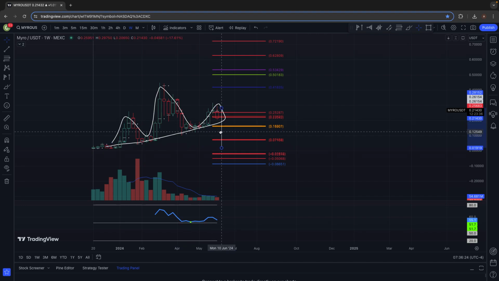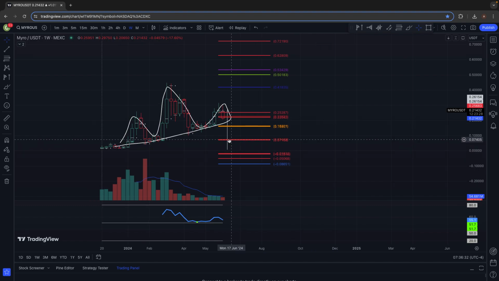The probability of this breaking down is there, guys. Now, are we going to go to negative numbers or half a penny? It's possible, man. It's possible. So you should have this as a worst case scenario situation. I would have already stopped out of my long at the 7.5 cent, and that's why we have the fibs.